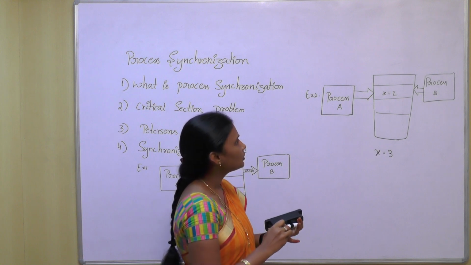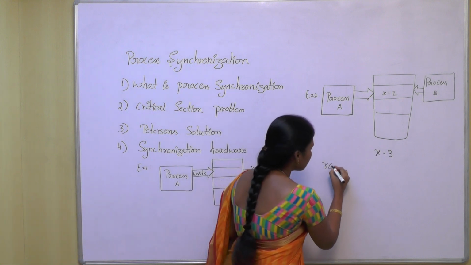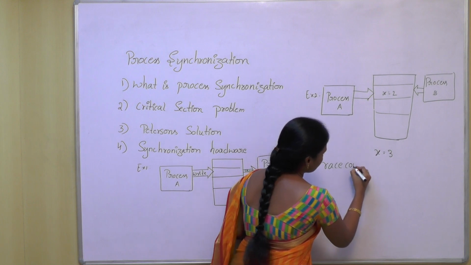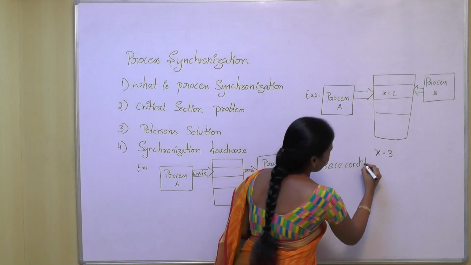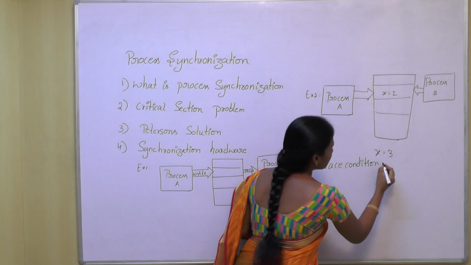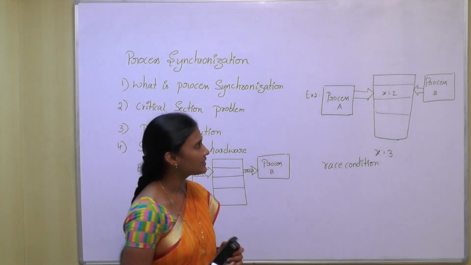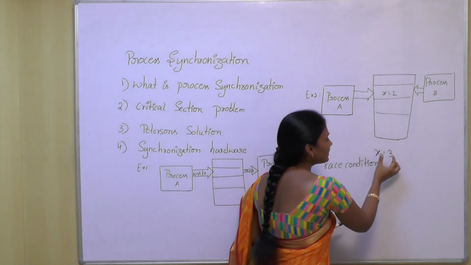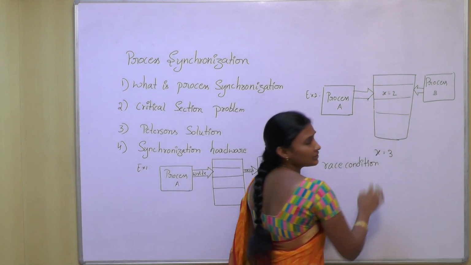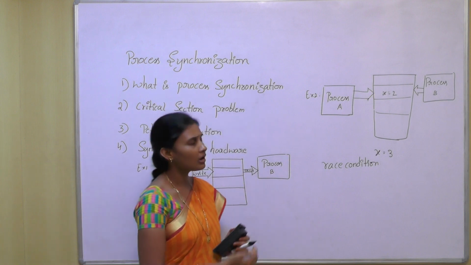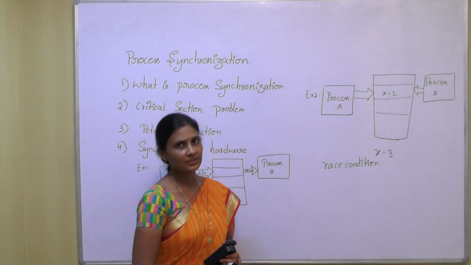This condition is called the race condition. Race condition is when multiple processes access the same data item, here the data item is x, and the result depends on the order of execution of the instructions.